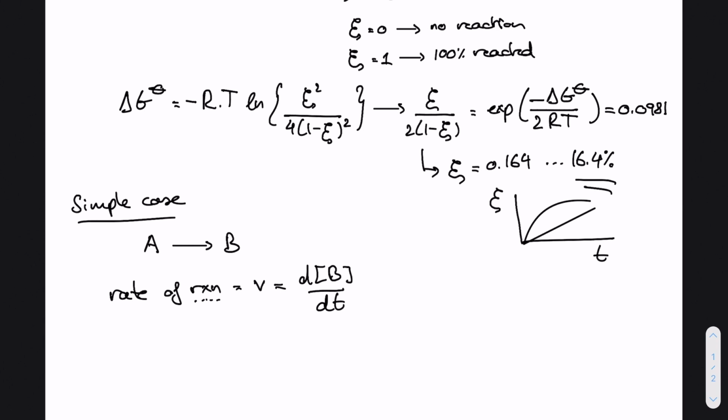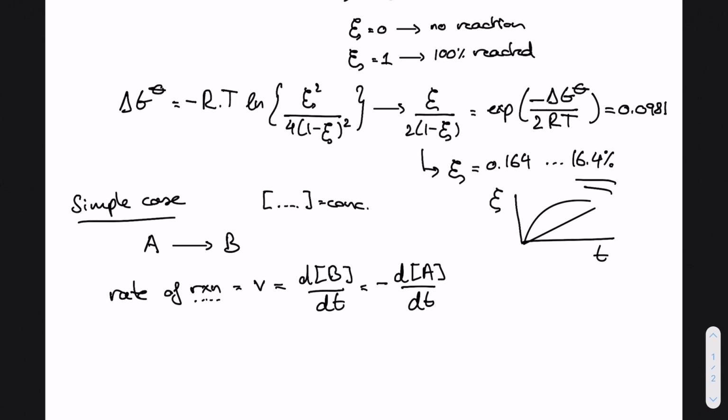So that means the concentration of B. These square brackets mean concentration, right? And so the change of concentration versus time will be opposite for A. So A is disappearing, so we'll have minus d[A]/dt.